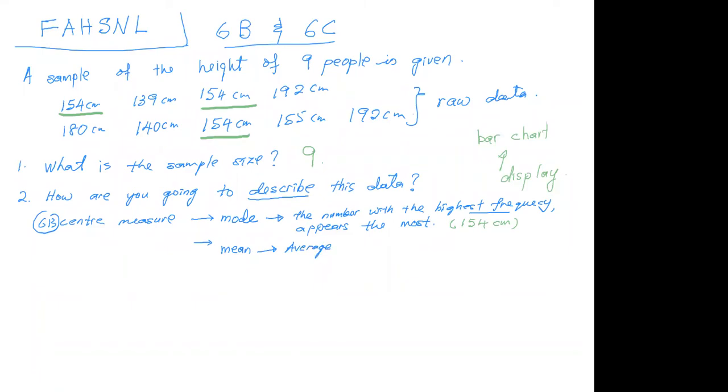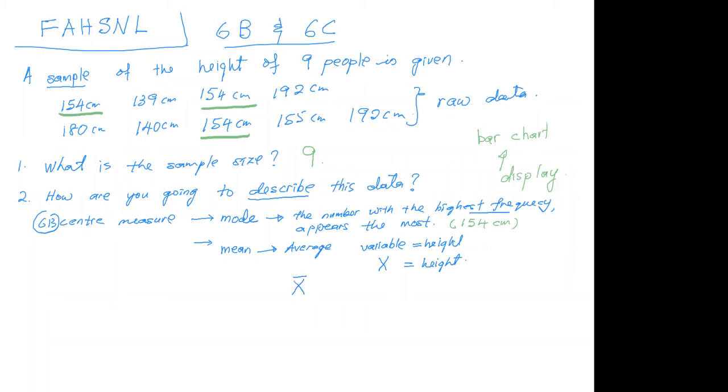And for this, because this is a sample, and the height is my variable, I have to define what is my variable. That is the height. I usually use an alphabet to represent the variable. So the sample mean, we have the variable and the bar on top.